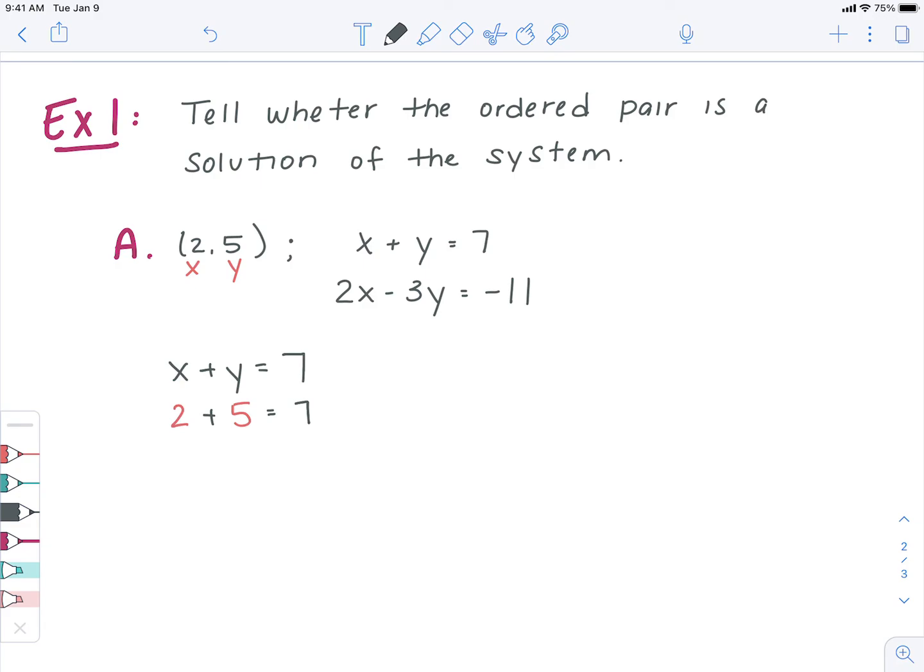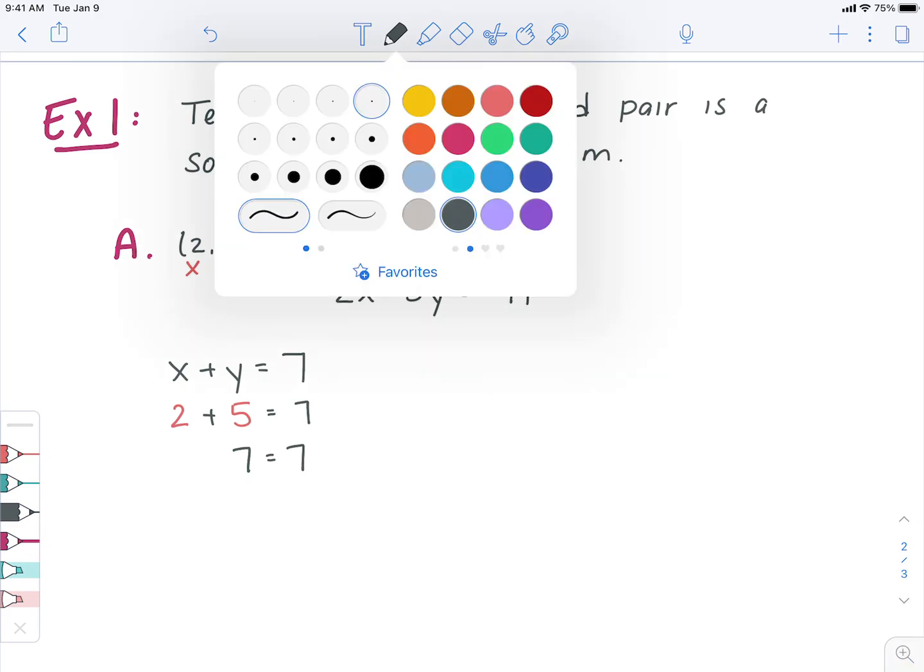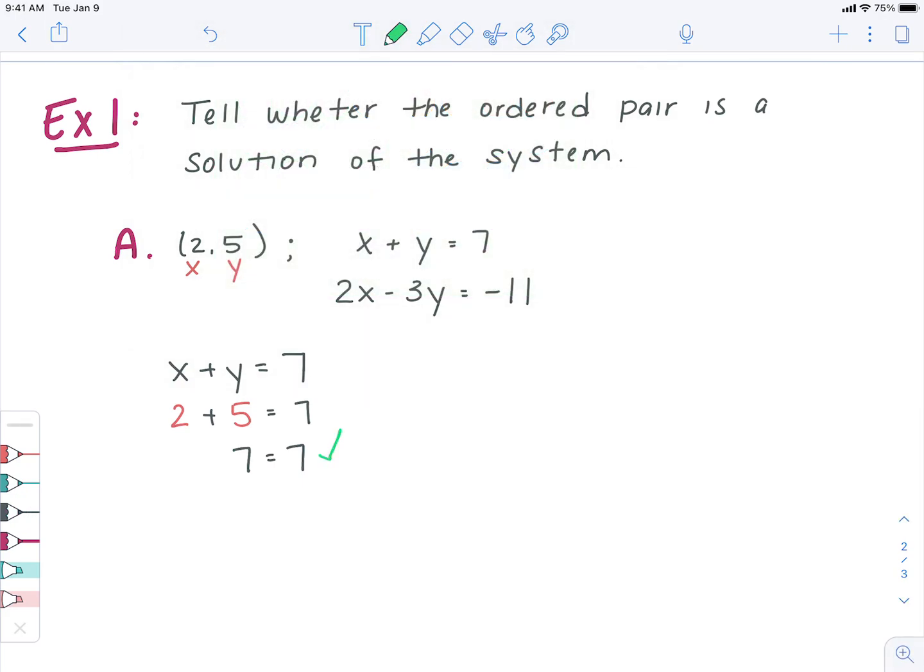I know 2 plus 5 is 7, so I get 7 equals 7. So far, this is looking like it's a solution because this is true. This is a good thing. 7 equals 7, I agree. But I can't say it's a solution until I also check the second equation. I have to make sure it's true in the second equation too.